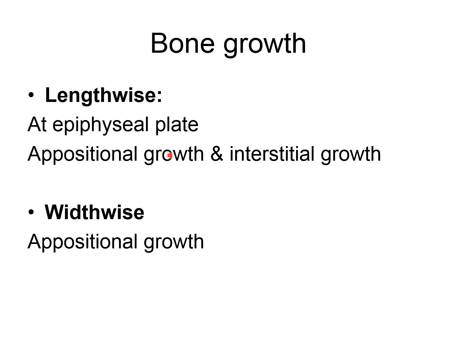So in the epiphyseal plate, because there is cartilage, these cells have potential to grow by appositional as well as interstitial strategy. But in the case of widthwise growth only, osteocytes and osteoblasts are present, so they can lay down new bone on the previous bone. That is called appositional growth.